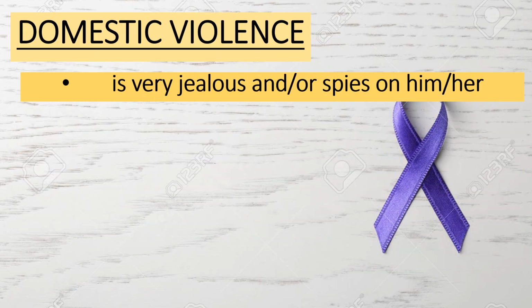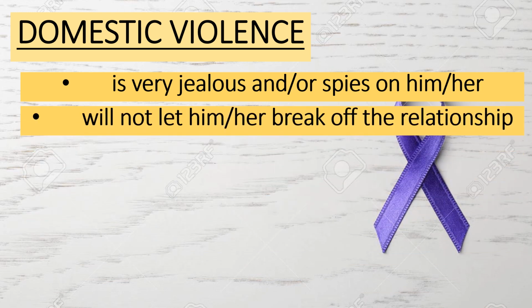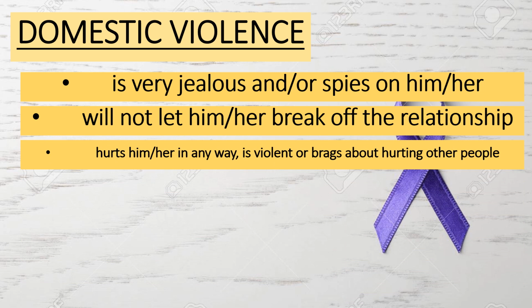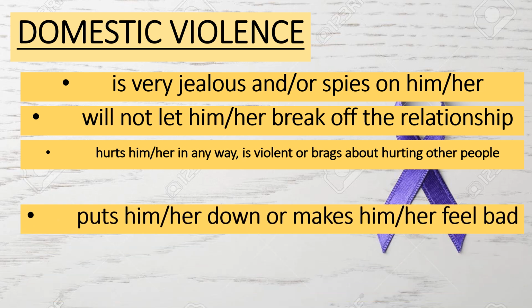How can someone be a victim of domestic violence? Someone can be a victim of domestic violence if the partner is very jealous and or spies on him or her. The partner will not let him or her break off the relationship. The partner hurts him or her in any way, is violent or brags about hurting other people.